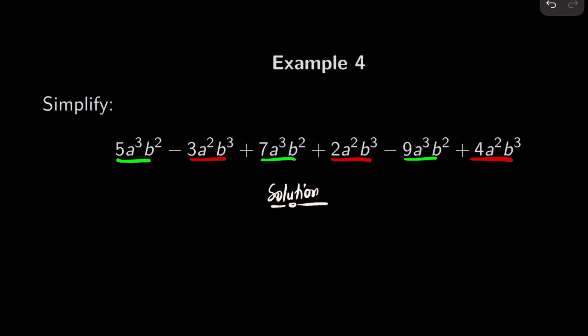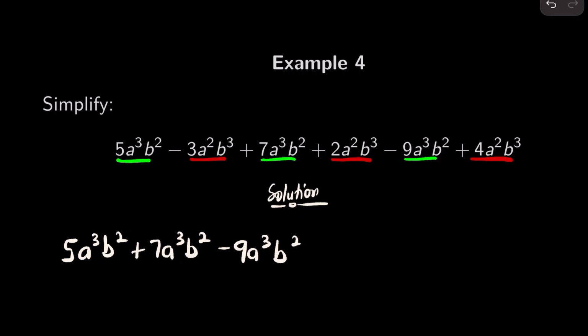So we are going to have, let's start with the ones in green. So that will be 5a cubed b squared, then plus 7a cubed b squared, then minus 9a cubed b squared. Then let's move on to the one in red.